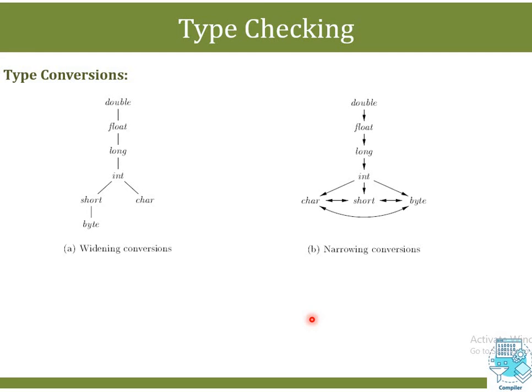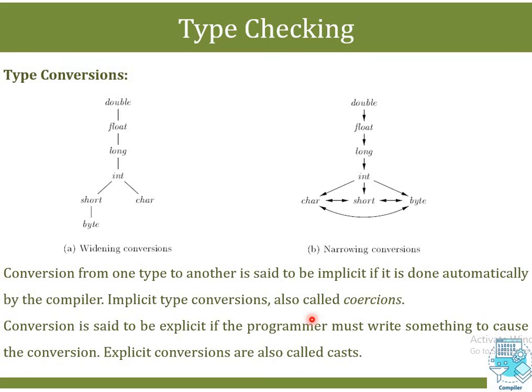All the implicit conversions, all the conversions done by the compiler, will be widening conversions. The implicit conversion is also called coercion, and explicit conversion is called a cast.